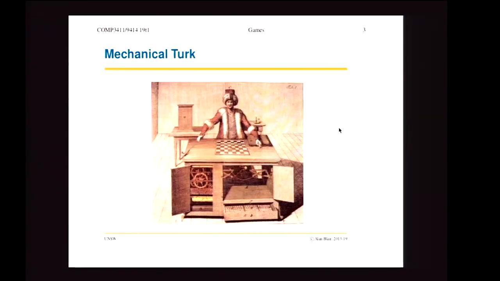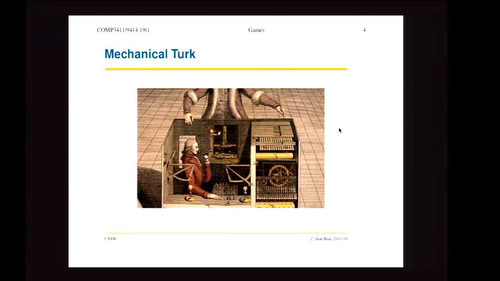And of course, we know now that this was a trick, so a human hid in the box. There were rumors at the time that it was a midget or someone who'd lost their legs in a war or something. In fact, it was a full-sized human. One of the operators was actually 6 foot tall, but still managed to fit into the machine.